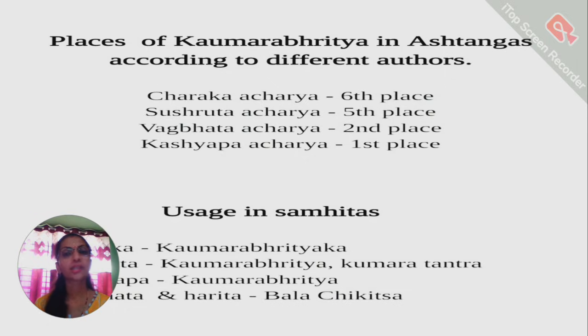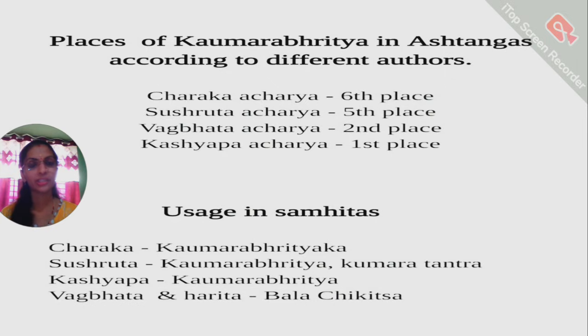Vagbhata Acharya gave the 2nd place, whereas Kashyapa Acharya gave the 1st place, because obviously Kashyapa is the author of Kaumarabhritya. As for the terminology used in different Samhitas: in Charaka they mentioned Kaumarabhrityaka, in Sushruta Kaumarabhritya or Kumara Tantra, in Kashyapa Samhita Kaumarabhritya, and in Vagbhata and Harita as Bala Chikitsa.